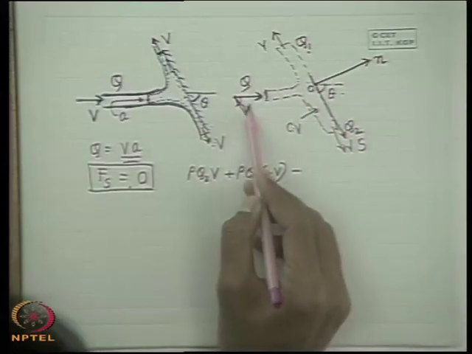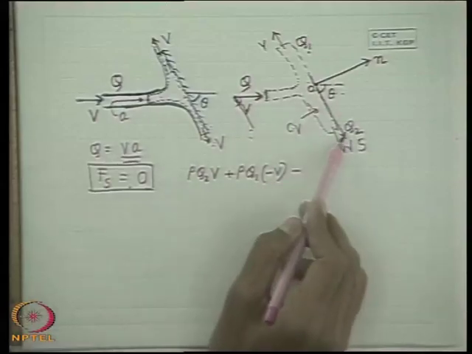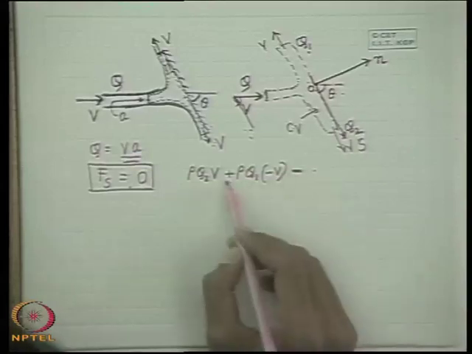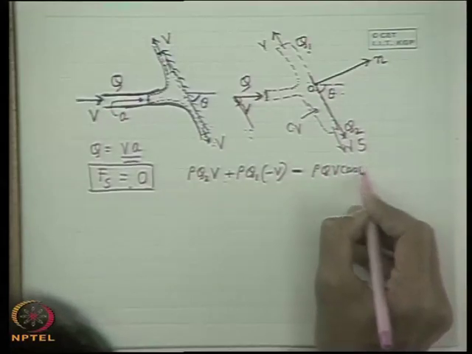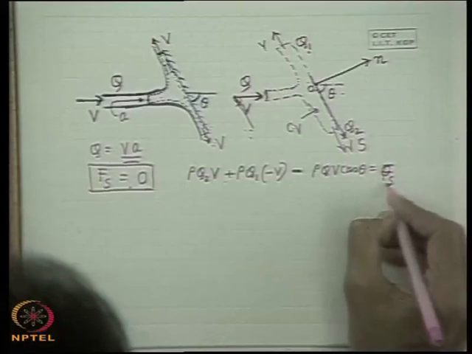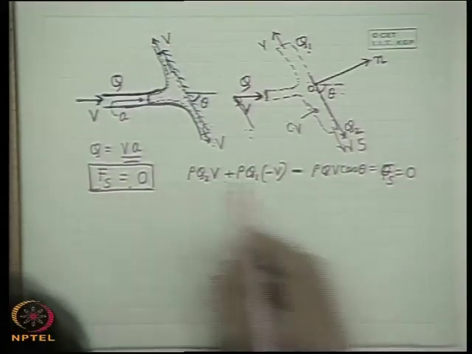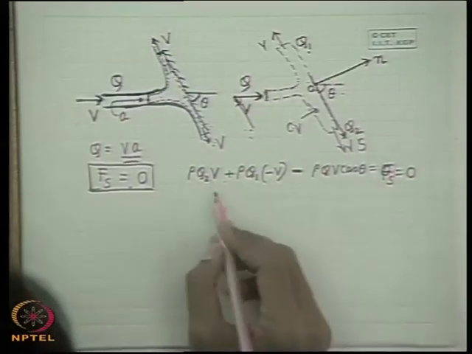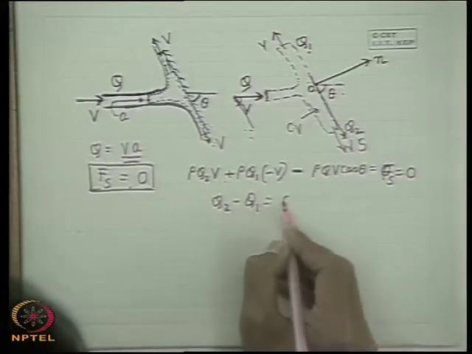So, this will be V cos theta, and this V cos theta is in the positive direction of the axis, so it is plus V cos theta, but the minus sign is because it is efflux minus the influx. So rho Q V cos theta is equal to Fs, which by definition from the physics of the problem is 0. If you write this, rho cancels out, which is not 0. So what we get? We get Q2 minus Q1 is Q cos theta.